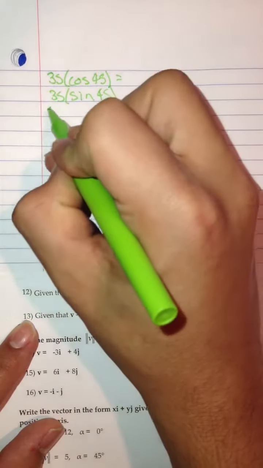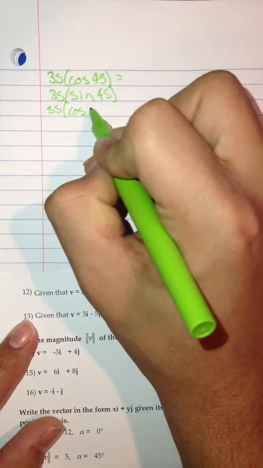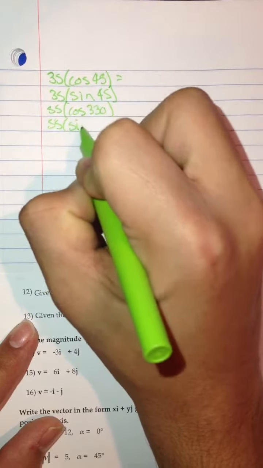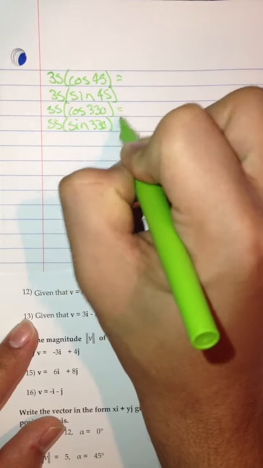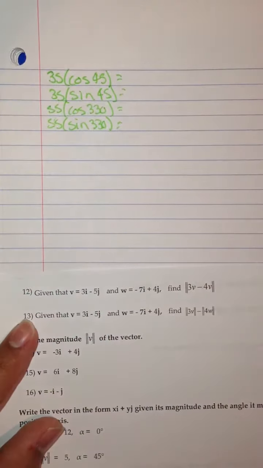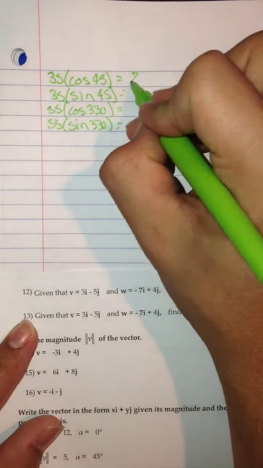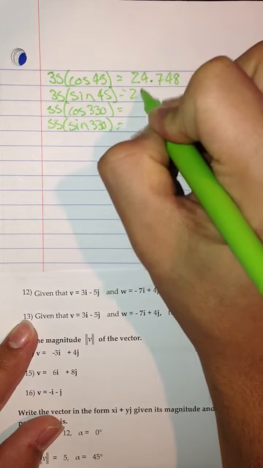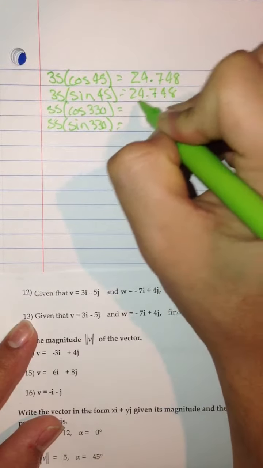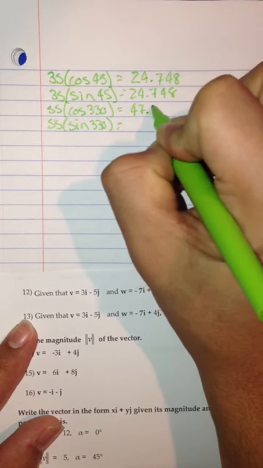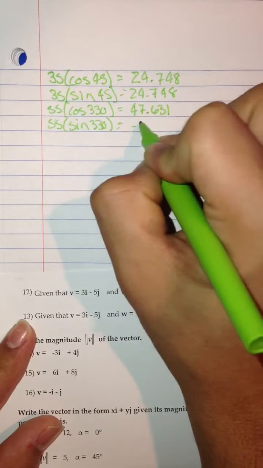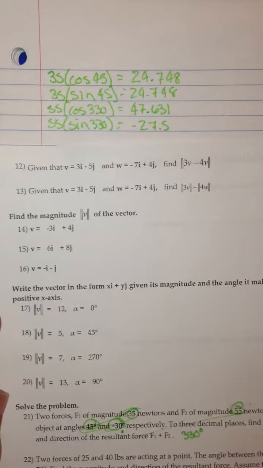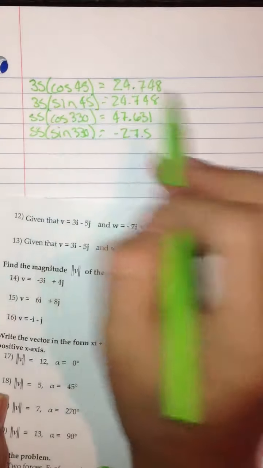So 55 cosine of 330 degrees and 55 sine of 330 degrees, which equals... So these numbers come out to be 24.748, 24.748, 47.631, and negative 27.5.